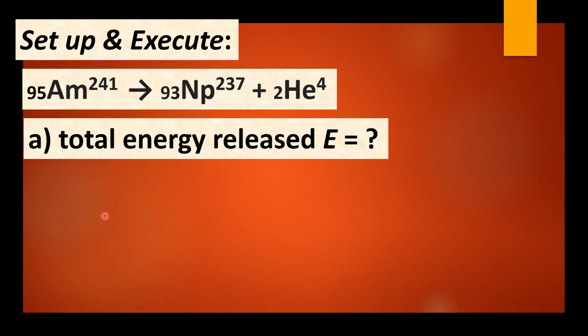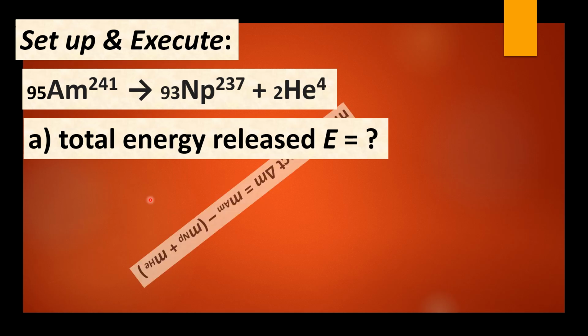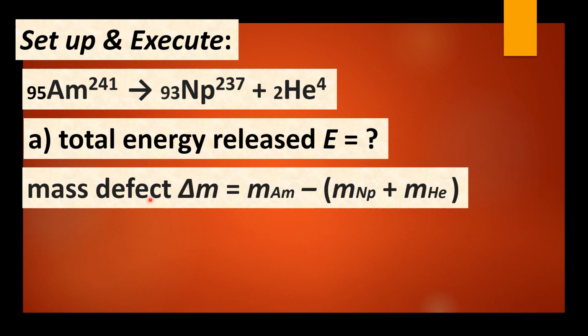Moving on now to our computations. To find the total energy released in the alpha decay, we first calculate the mass defect or the mass deficit delta M, which is simply equal to the atomic mass of americium minus the combined atomic masses of neptunium and the helium nuclide.